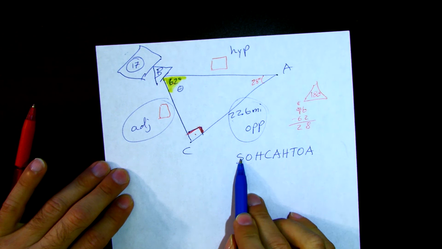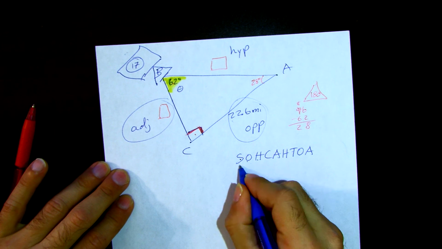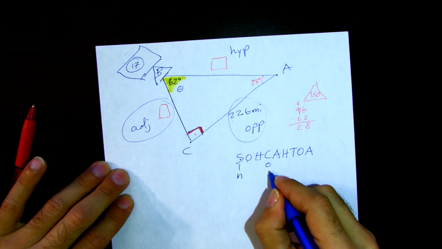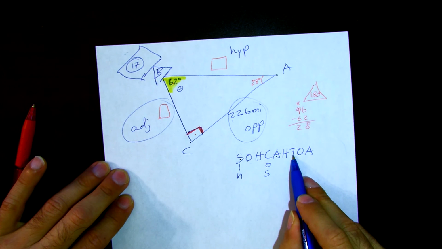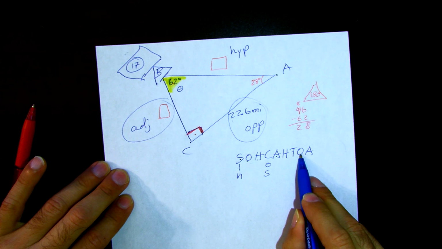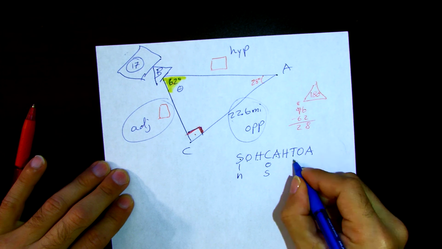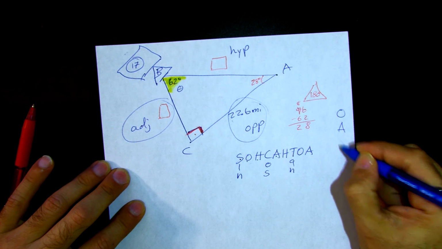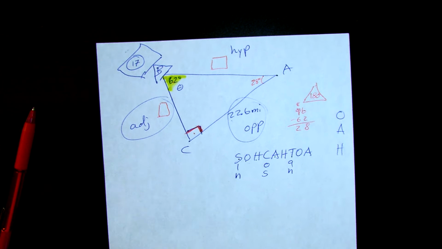If we have opposite and hypotenuse involved, we use the sine. If we have the adjacent and hypotenuse involved, we use the cosine. If we have the opposite and adjacent involved, we use the tangent. So it's all in relation to the opposite, the adjacent, and the hypotenuse. We're just seeing what sides are involved to tell us which trig function to use.